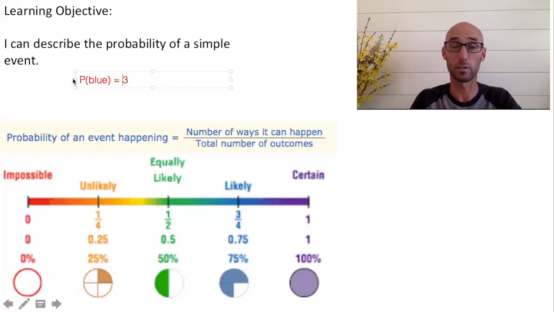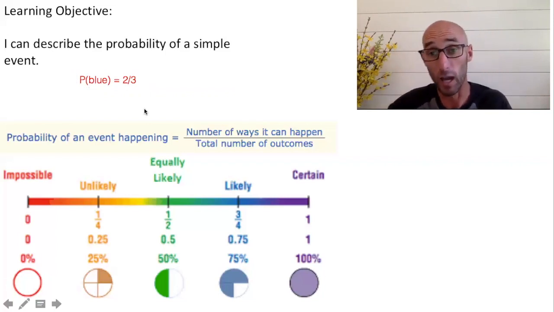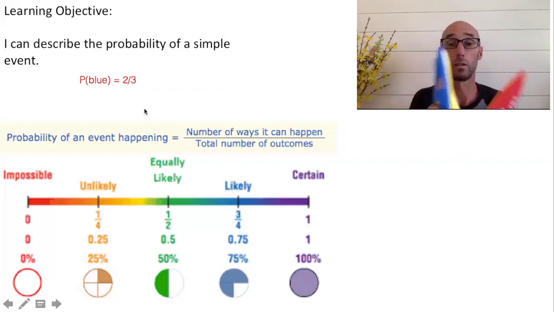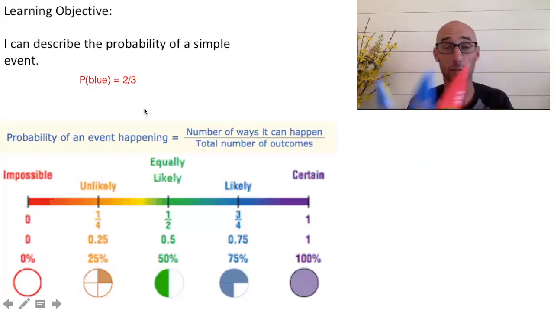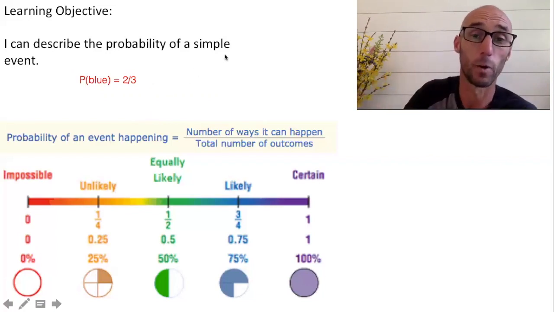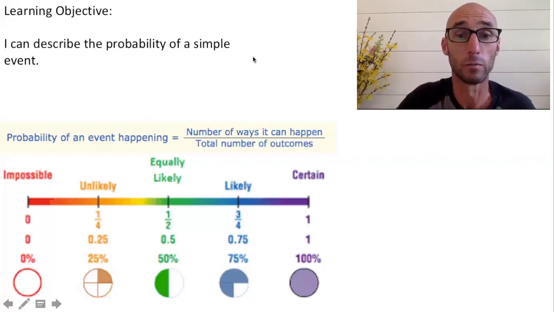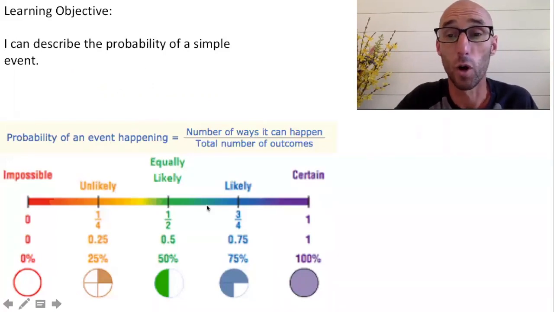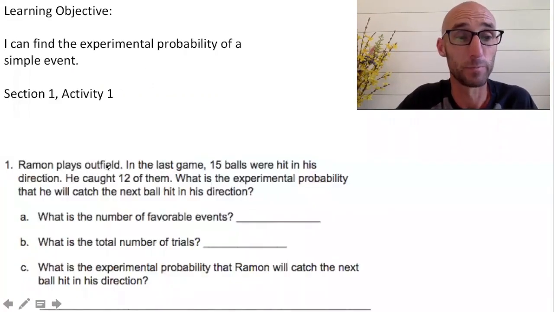There are 3 options, and 2 of the 3 were blue. So the probability of selecting a blue kayak is 2 out of 3 chances. Right, moving on. Let's go on to our next example.